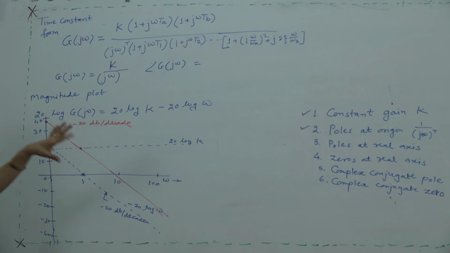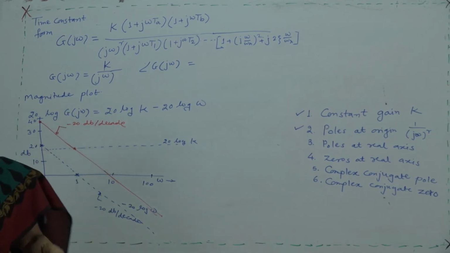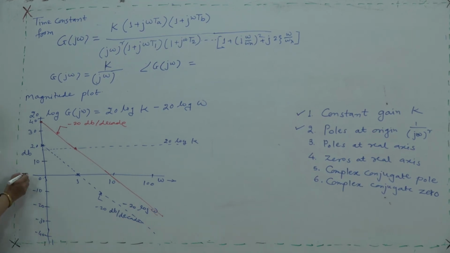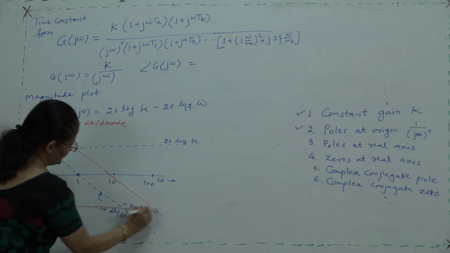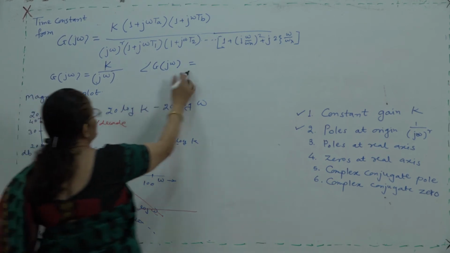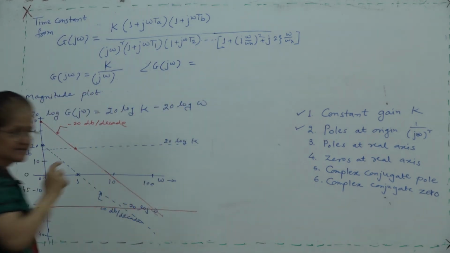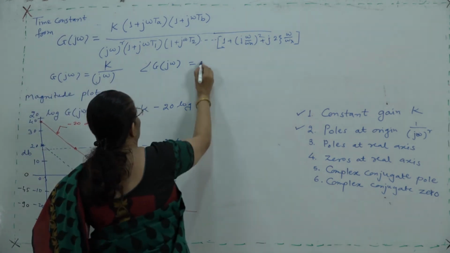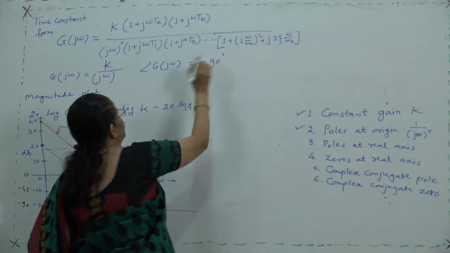Angle contribution due to K is 0, and that is why if I am representing here the angle, this is 0, this is minus 45, this is minus 90. Angle contribution of the K is 0, so it is just minus 90 degrees. So, for the angle of G(j omega), you will get minus 90 degrees. No contribution because of K.